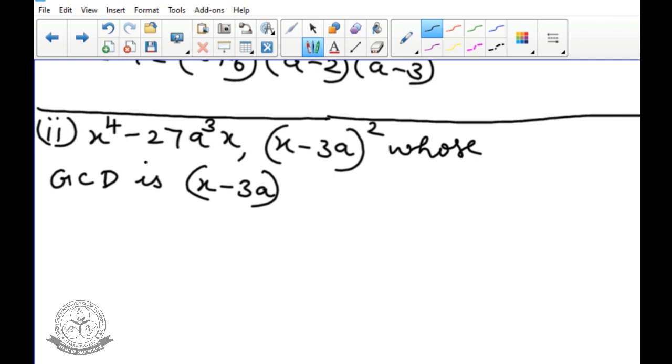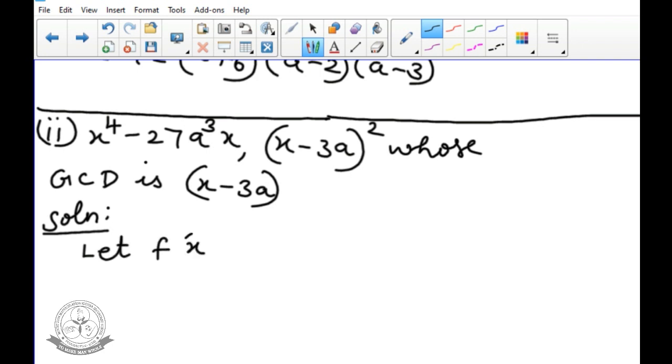The same method we have to follow here. The first polynomial we assume f of x, the second polynomial we assume g of x. The GCD is also given. From the given we get LCM. So first we assume f of x.